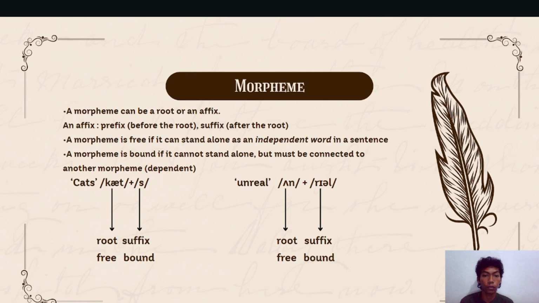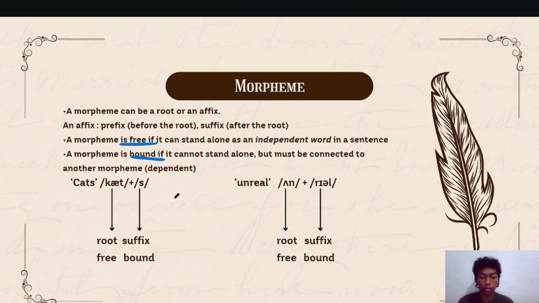Okay, for the next, there are two types of morpheme: free morpheme and bound morpheme. A free morpheme is one that can stand on its own, like real, cat, bag, lamb. And a bound morpheme, on the other hand, can't stand alone.